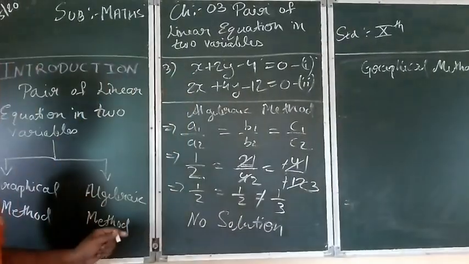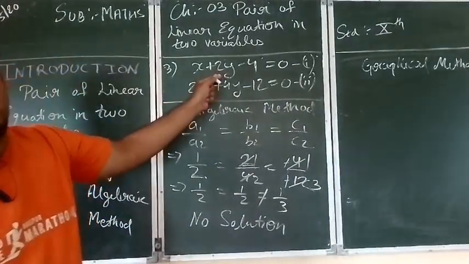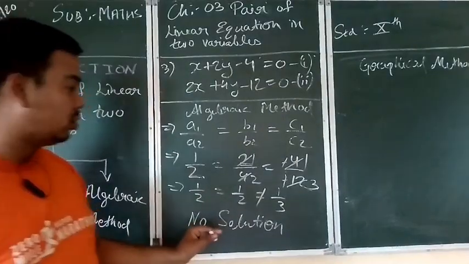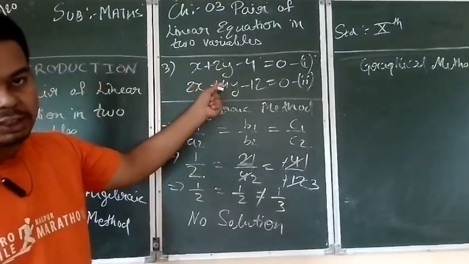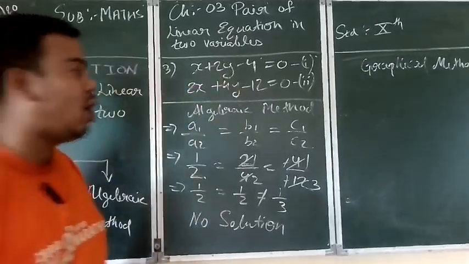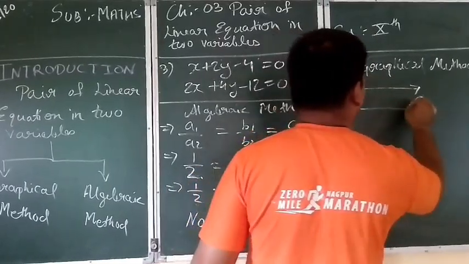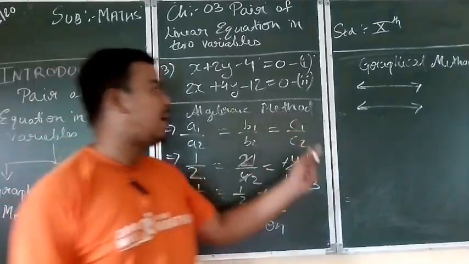No solution means we cannot find any solution of this type of equation. In the graphical method, we call it parallel lines.